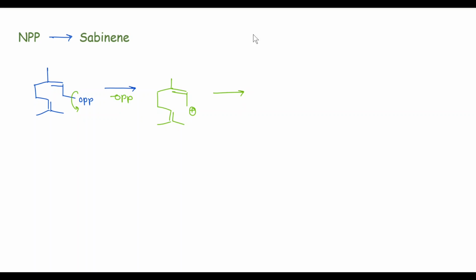In the next step, this pi bond attacks this electron-deficient carbon atom and we get a 6-member ring with this positive charge and this double bond.